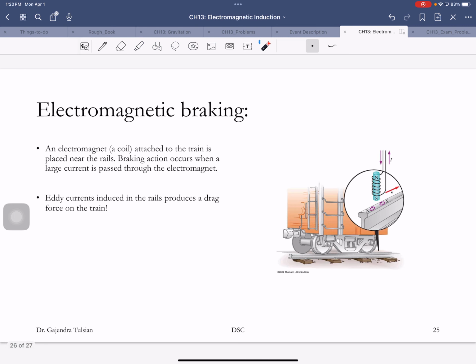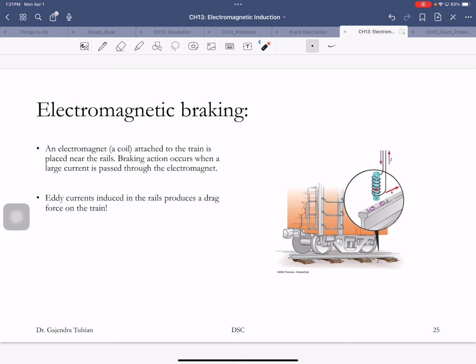So what you can do with that is the following. Let's say you have a train, and you want to stop a train. It doesn't show the coil. Anyway, maybe that's the coil. So when you want to stop the train, all you do is flip a switch and pass a current through this thing.